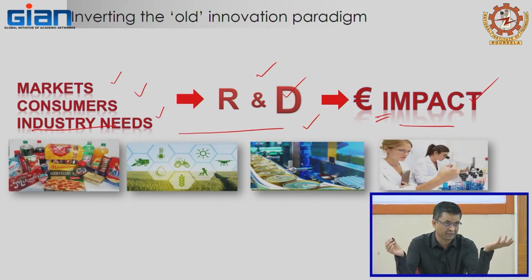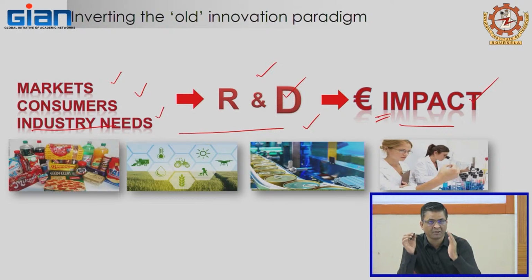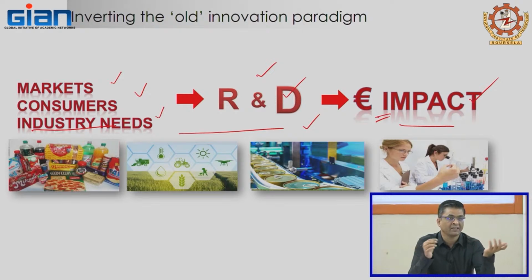You have seen why the focus is on startup businesses, and why government is putting a lot of money into it. Suppose consumers are getting more and more obese, so you need a healthy diet. Research or developmental work should be focused only on that particular area, rather than making a product and then looking for the market.